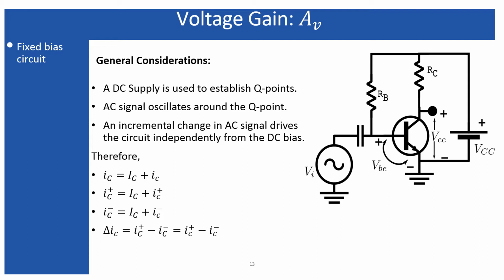Although in my next lectures, where I will discuss the H parameter model, I will include the voltage divider bias for the application part, because the voltage divider bias is the most efficient one, and that I have to incorporate. But as a beginning, I am considering the fixed bias case.